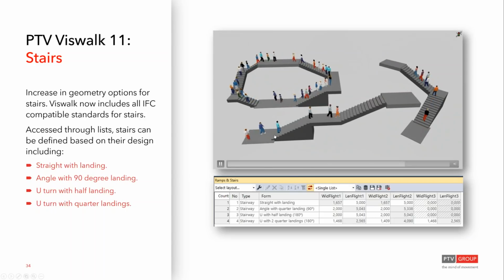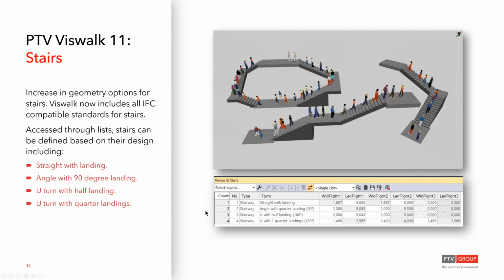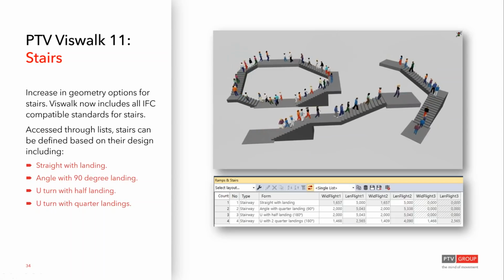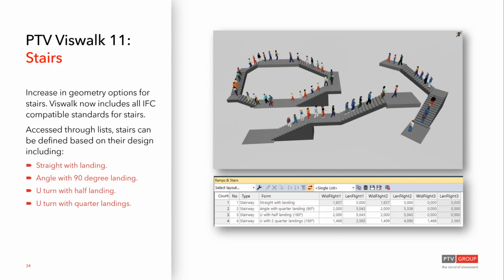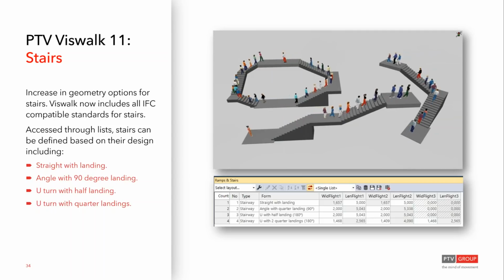And then you can have this as one network object with different 90-degree values and so on. They are all compatible with the BIM standard, Building Information Model. So if you import a model from a BIM standard, it will create these new stairs automatically.